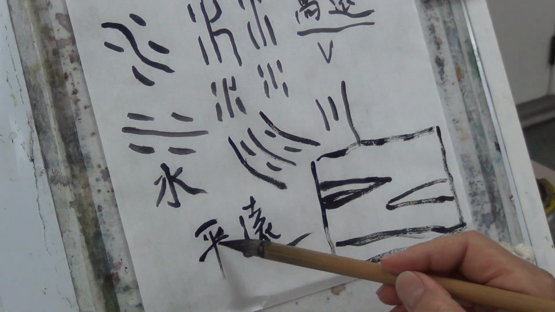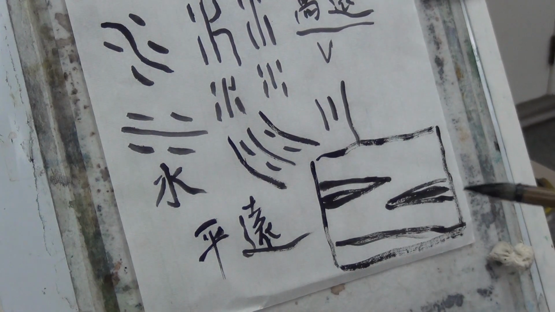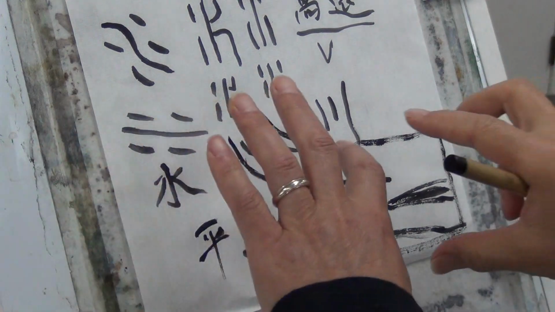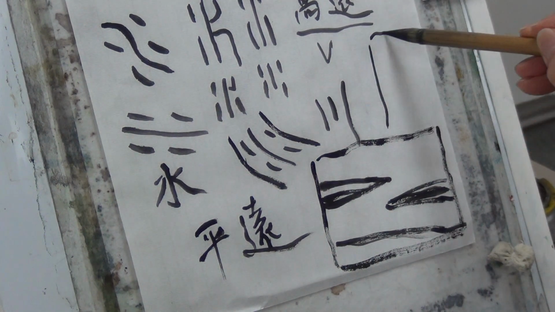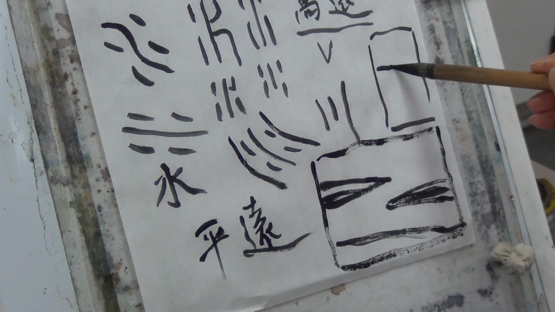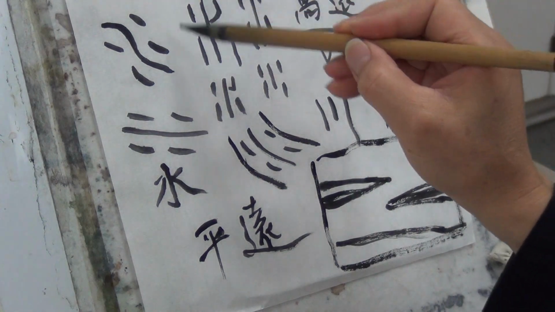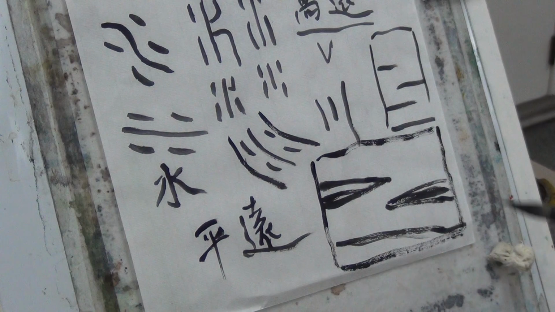Flat. 平 means flat. Flat perspective. That's usually a horizontal scroll. Typically. So it's panoramic scenery. But it could be vertical, like we did. Right? Okay. So this character usually writes horizontal, but it could be vertical or slant, diagonal, also.